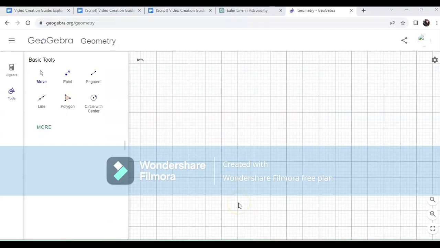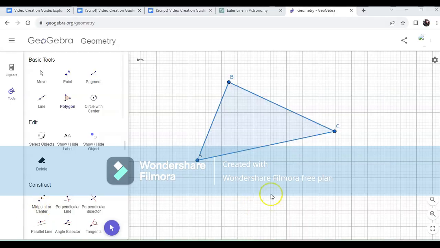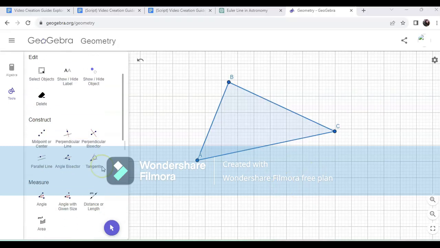Start by constructing and proving the definition of the incenter. So let's create an acute triangle ABC. Draw the angle bisectors and mark its point of concurrency as the incenter. So we are going to call the functionality angle bisector.